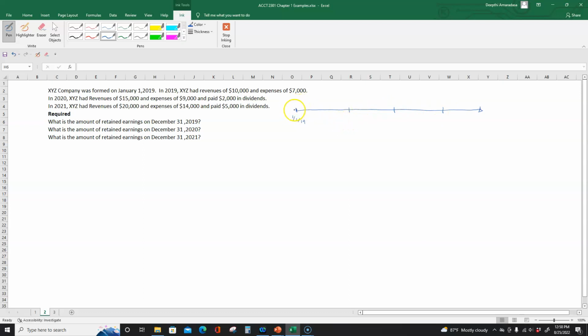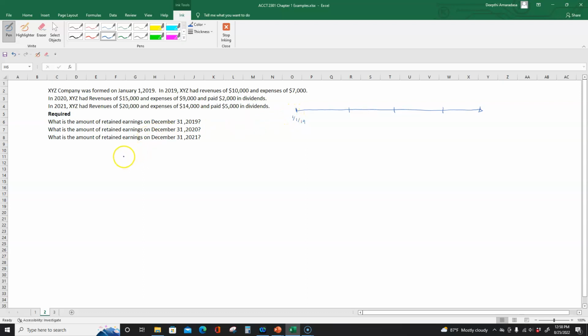This company was born or was formed on January 1st, 2019. So when it was formed, they didn't have any assets, liabilities, equity, so therefore they didn't have any retained earnings on January 1st, 2019 because nothing happened before that. This company did not exist.